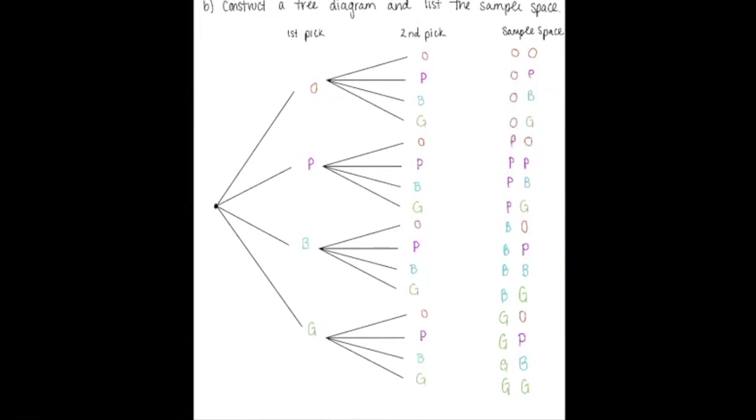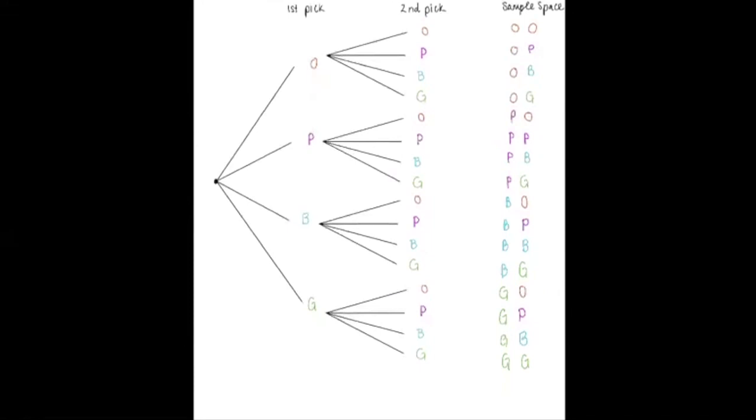So my probabilities are definitely going to change because instead of having 12 events, now we have 16 we can possibly choose from. So let's try those 2 questions again.